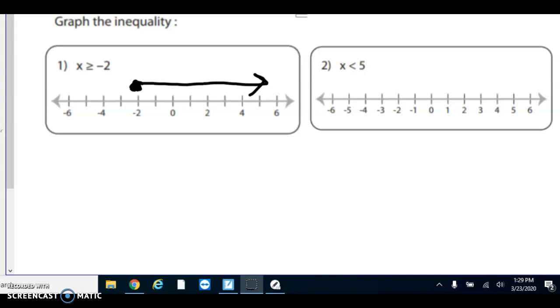The correct answer is you should have an open dot at 5. Okay, so then which way did you make your arrow go? To the left or to the right? If you did it correctly, everything for x is less than 5 should go to the left.